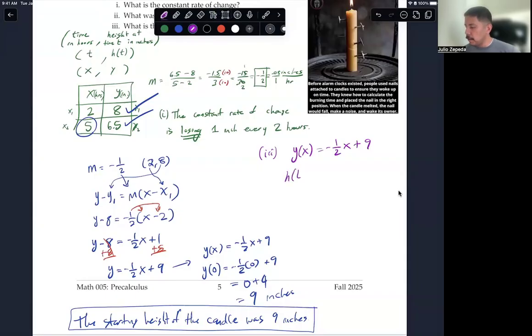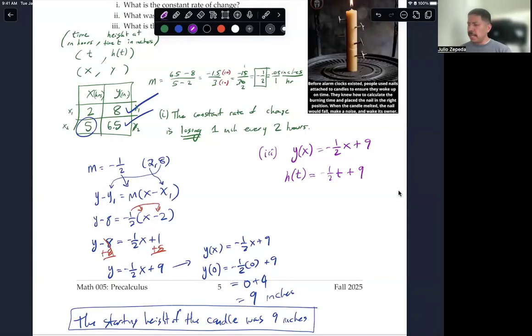The height at time t is negative 1/2 times the time plus 9. So the time is going to be multiplied by negative 1/2 because, as the time in hours grows, we're getting more 1/2s taken away in inches from the original 9 inches of the candle.